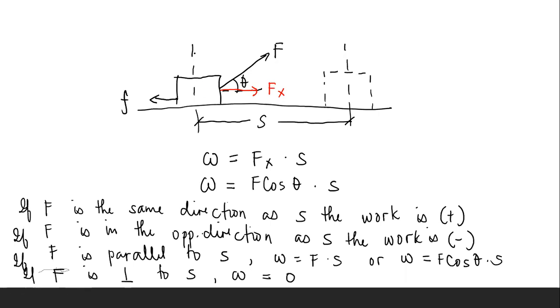Okay, in the given figure, here is the normal force, and this one is the weight. If the force is perpendicular to the displacement, the work is 0. What if the requirement is to find the work of your weight? Of course, the work for the weight is equal to 0, because the weight is perpendicular to your displacement. And the work of the normal force is also equal to 0, because the normal force is perpendicular to the displacement.